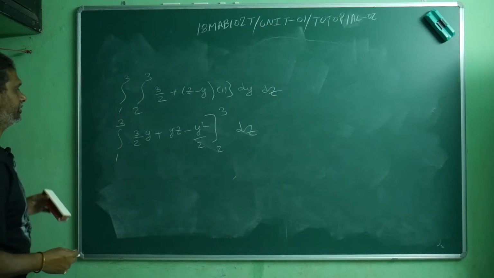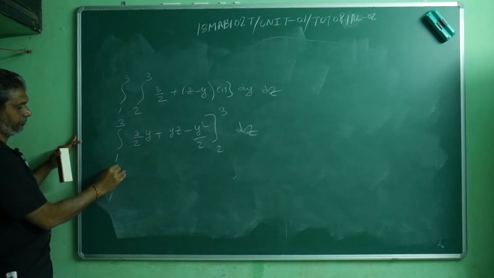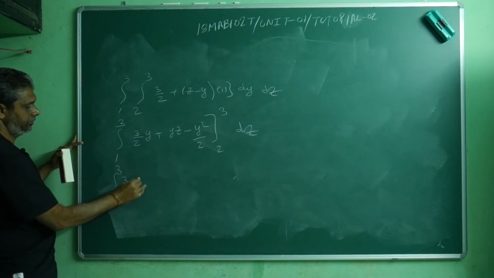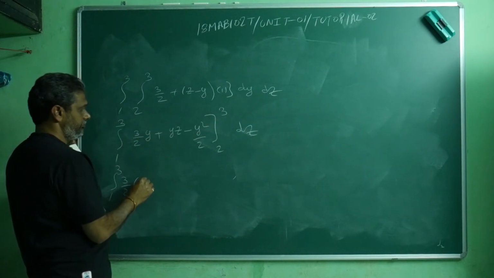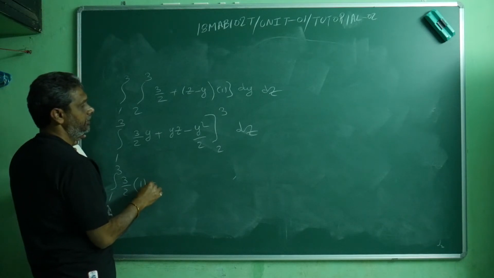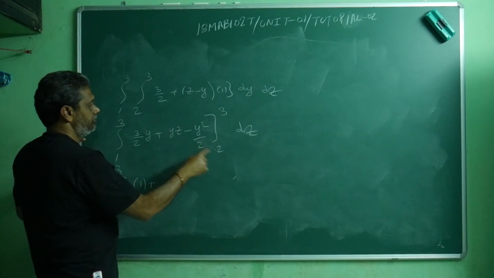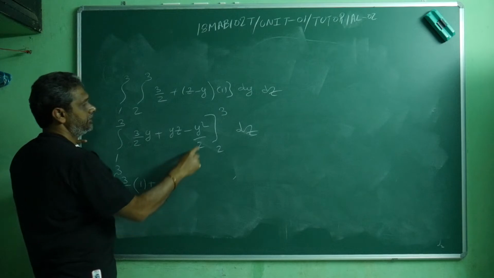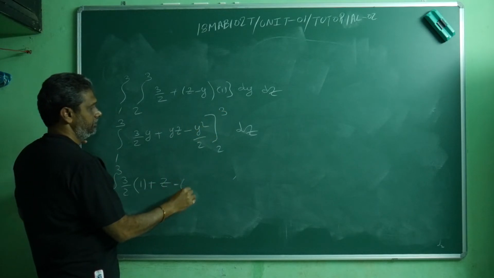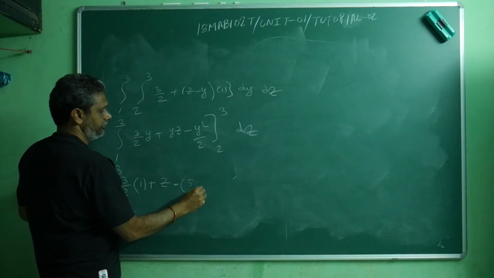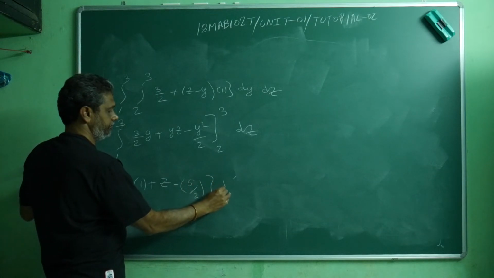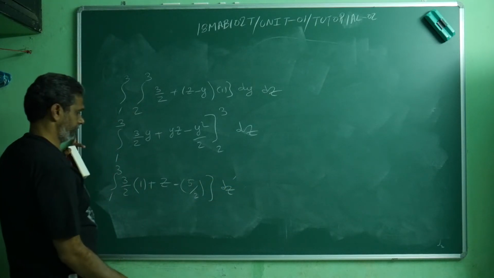Now again apply limits, 1 to 3. For 3 by 2, I am applying upper limit minus lower limit: 3 minus 2 is 1. I am just skipping. Then this is (3 minus 2) into z, and minus (9 minus 4) by 2, that is 5 by 2. Any doubt? dz.